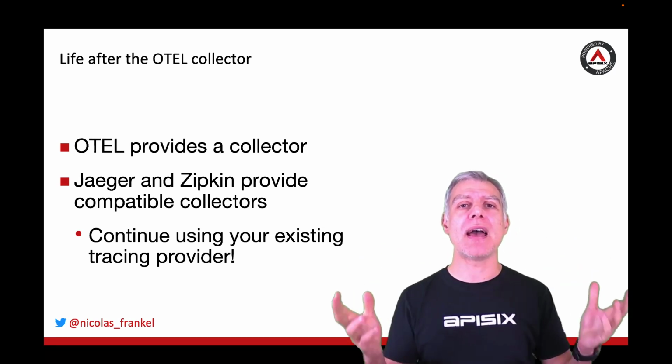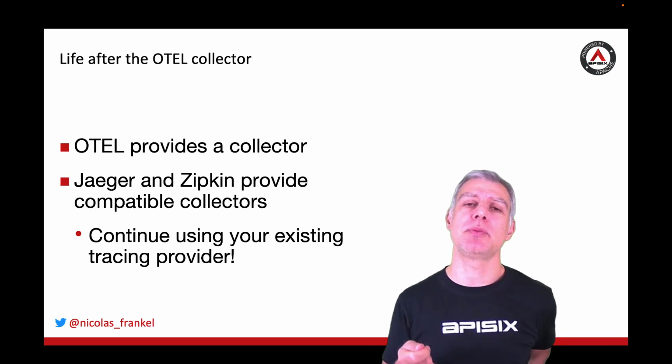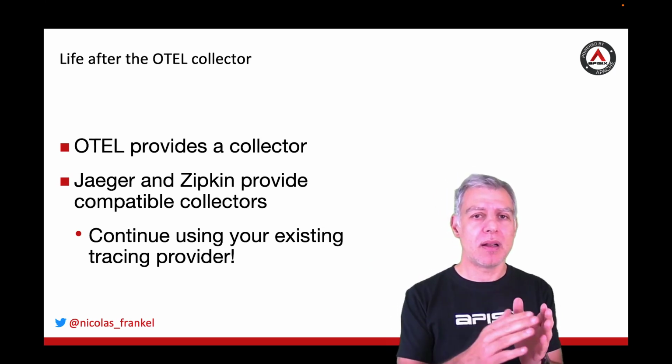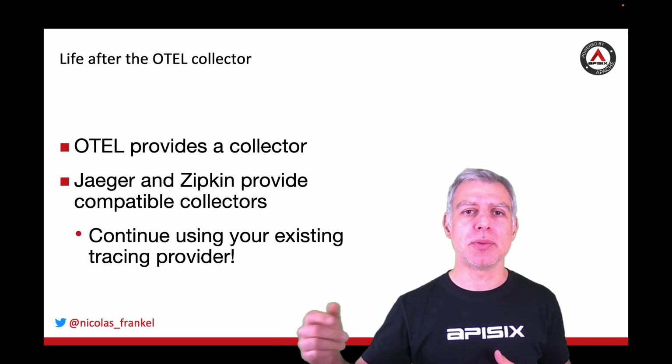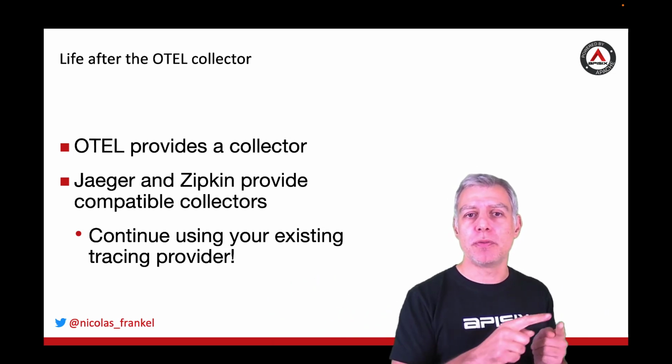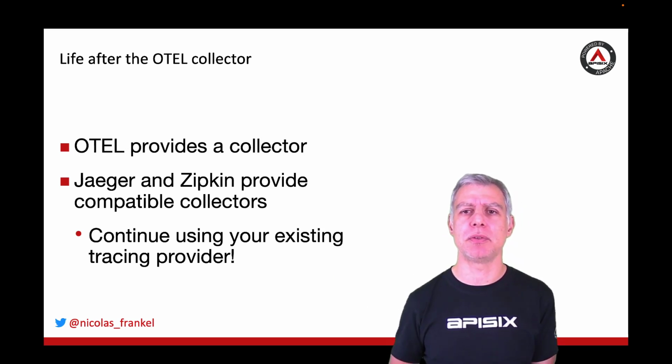If you already have your tracing architecture, you can easily move to OpenTelemetry because the collectors of Zipkin and Jaeger have this additional interface. You just need to change the format and the ports, because I think every one of them has different ports.